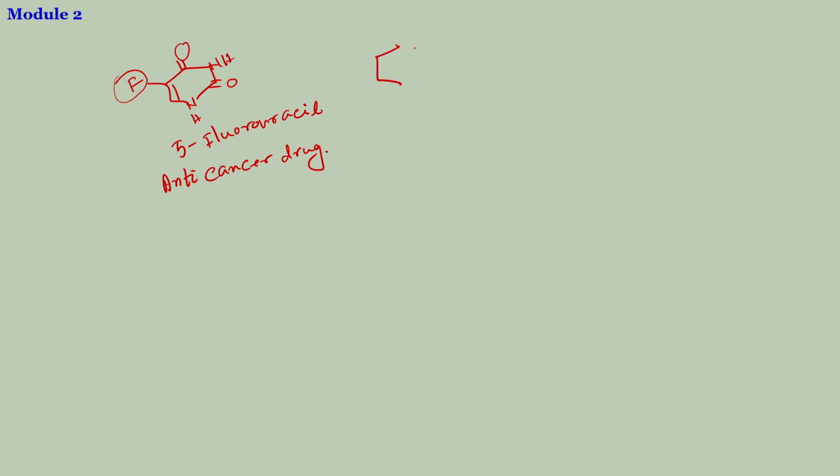Similarly, another molecule which looks very similar, with fluorine, and here the amine. This is usually a cytosine with a fluorine here. So, this is called 5-fluorocytosine, which is also a very well used chemotherapeutic agent.